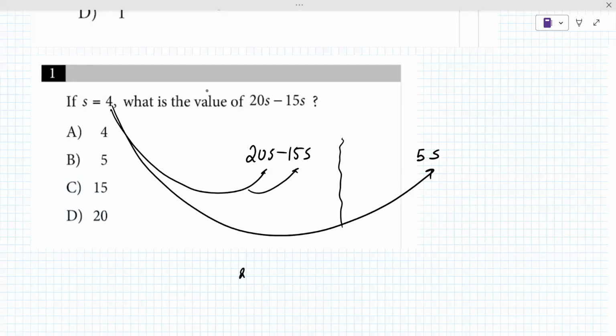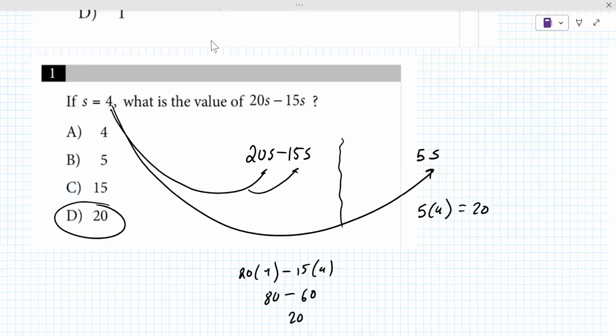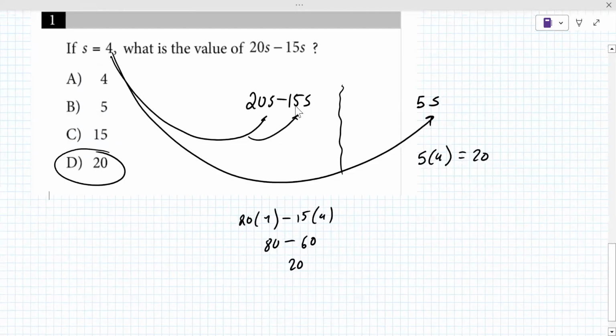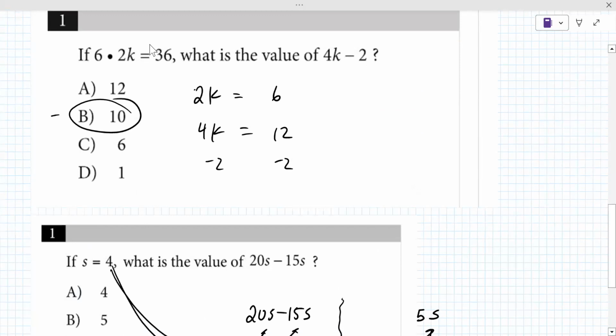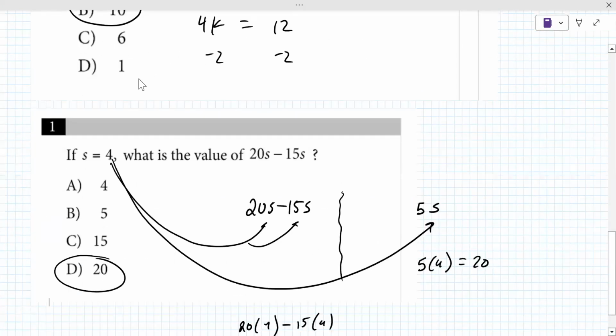So 20 times 4 minus 15 times 4 is 80 minus 60. Oh, okay. Sorry. D, 20. Yes. All right, it's okay. You remember that the only time you're going to move things around is when there's an equal sign.